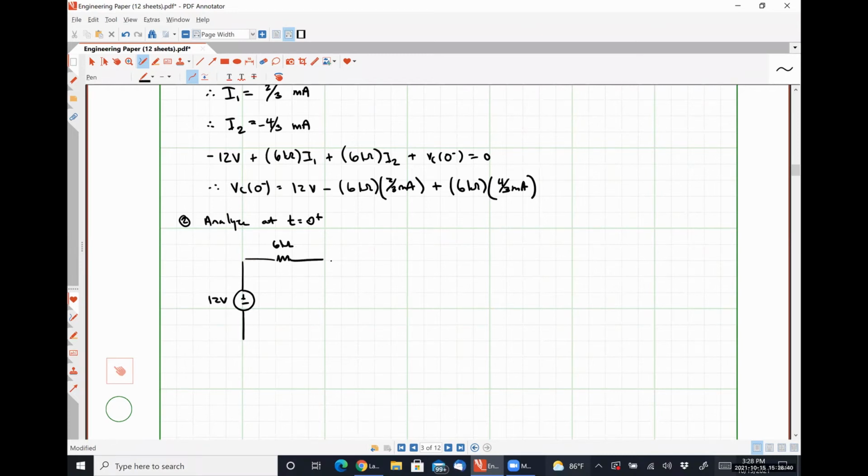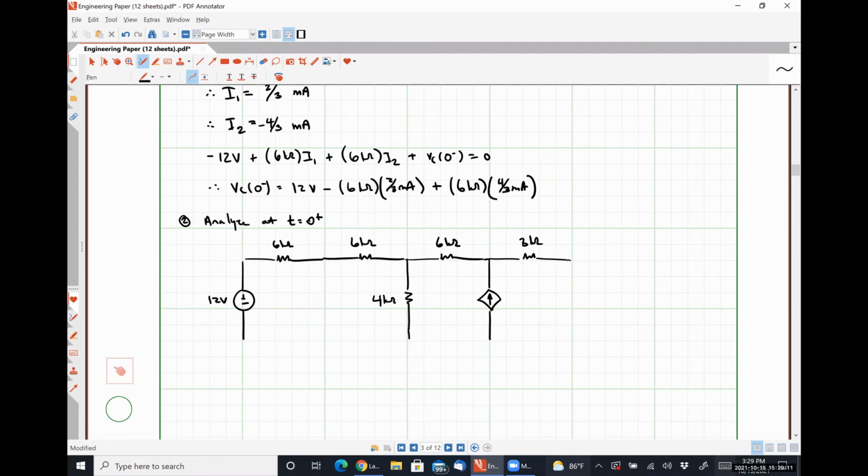We see 6 kilo ohms in series with 6 kilo ohms. Here is our 4 kilo ohm resistor. Here is our third 6 kilo ohm resistor. Here's our dependent source. Here is our 3 kilo ohm resistor.